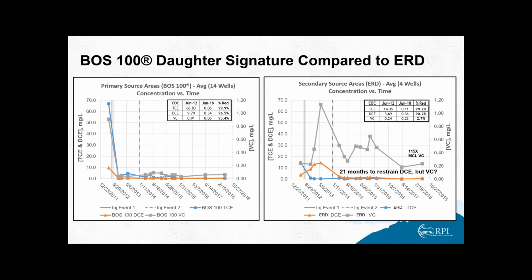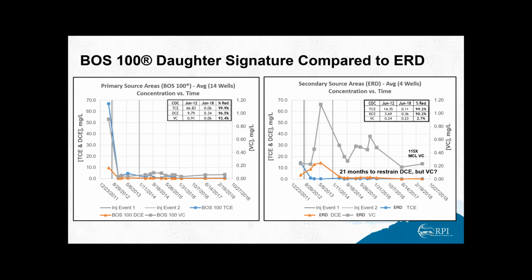Now, in the upper right-hand corner of each graph, I do give you the percent reductions. So you can see that the TCE percent reduction for the BOS 100 is 99.9, and the TCE reduction for EDR is 99.2. That's pretty good either way.